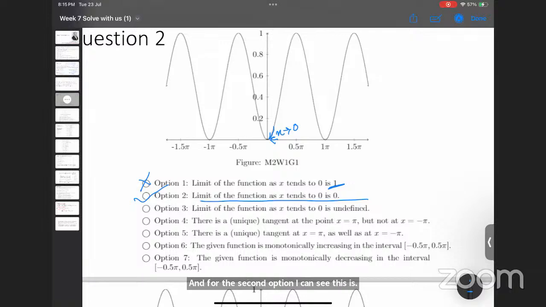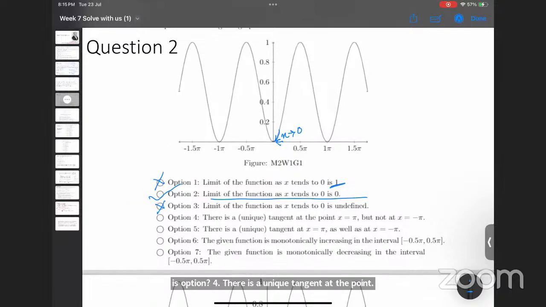Yeah. Now what is option 3? Limit of the function as x tends to 0 is undefined. So this is again wrong, right? What is option 4? There is a unique tangent at the point x equals pi, but not at x equals minus pi. At x equals pi, this point, we know this is the tangent line.